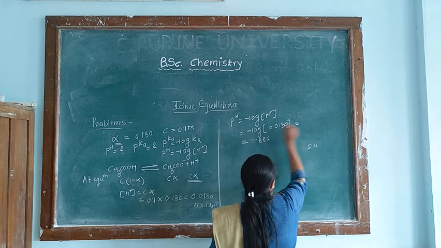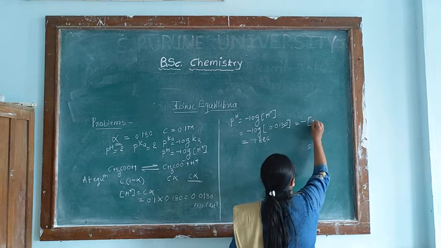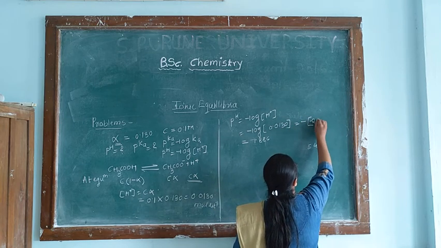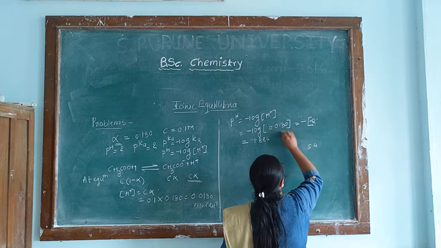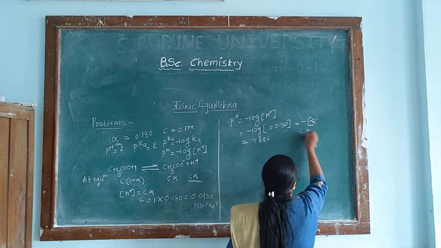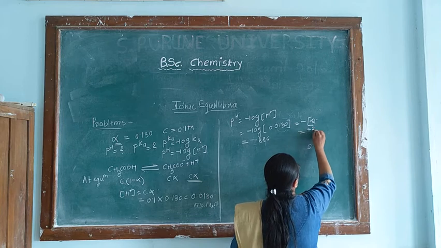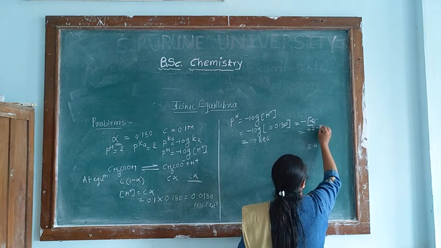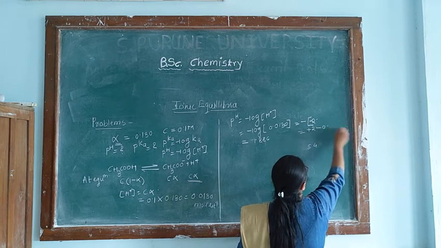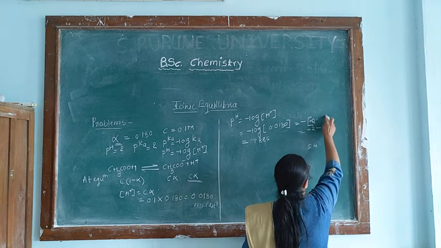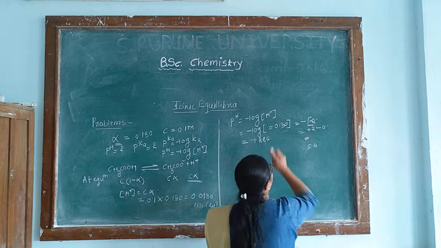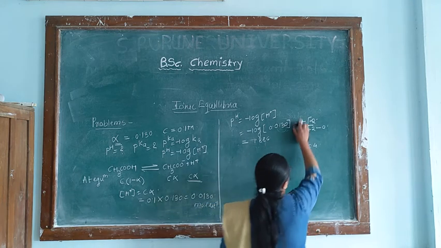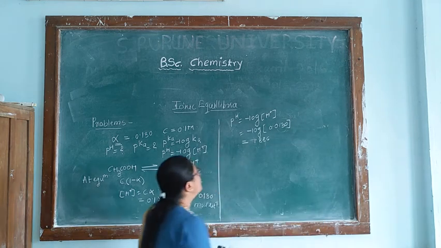That means the characteristic will be bar 2 point something. So this will become plus 2 and the remaining term you will multiply with the negative sign, and this comes out to be 1.886. So this is the pH.